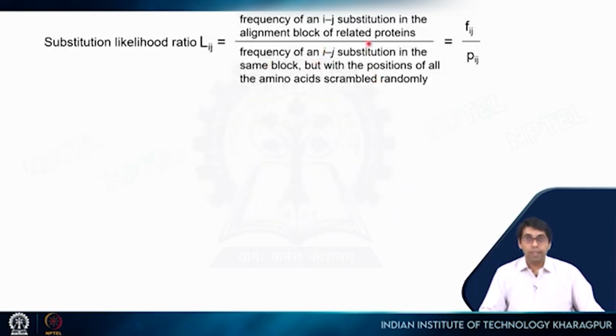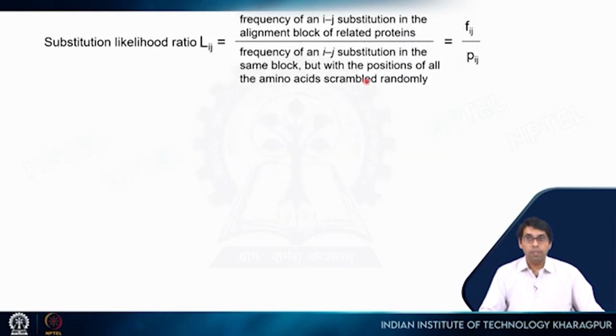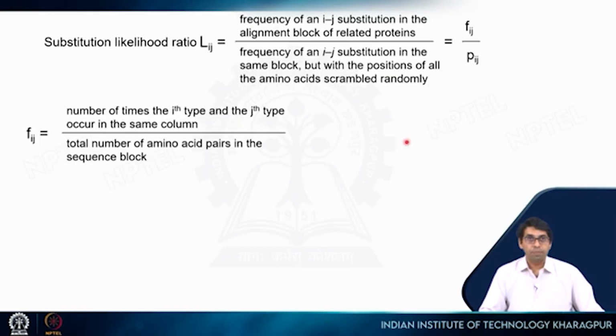Frequency of this, divided by the frequency of this ij substitution in the same block, but with the position of all the amino acids scrambled randomly. So, if I take all these amino acid sequences and then scramble them randomly and then I calculate the L and F substitution, that will give me the denominator. So, these are the 2 numbers.